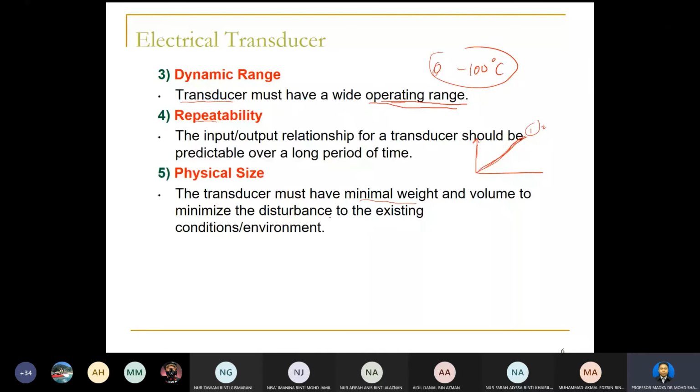I will show some examples. Another parameter that we have to know is the physical size.